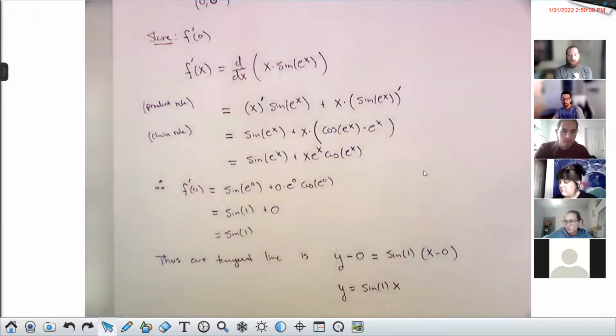It really does depend on the problem we're looking at, but this is outermost a product, and then one of the pieces in that product is a composite, so the product rule comes first. I can show you an example where it goes the other way. But ask yourself, what is the outermost operation going on? If that is a multiplication, then the first thing you would apply is a product rule, and within that, a chain rule.